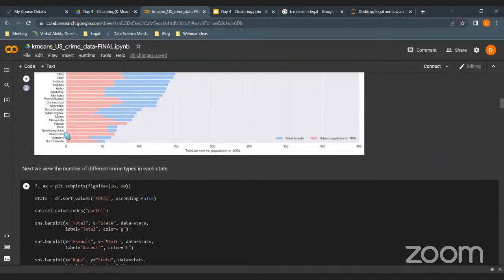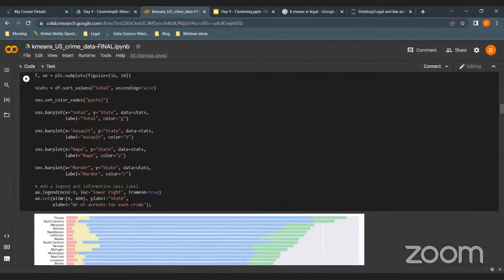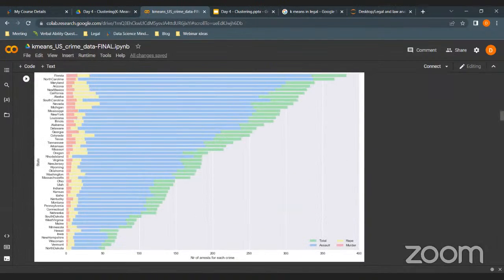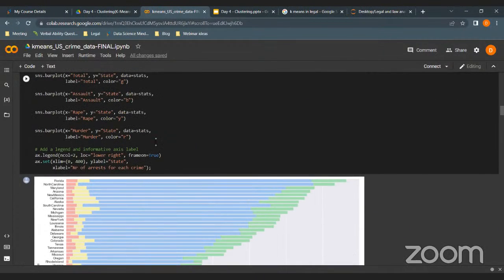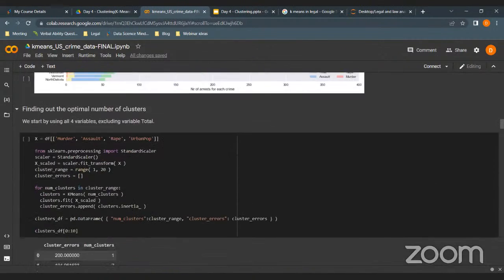Okay, so the lowest number of arrests you can see is in Wisconsin, sorry, not Wisconsin, North Dakota. This one. Okay. Similarly, we can see here different crimes. Okay, so we can see assault is the most prevalent crime in all the states.